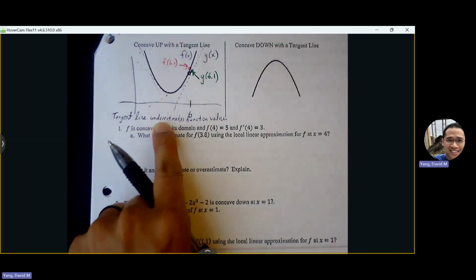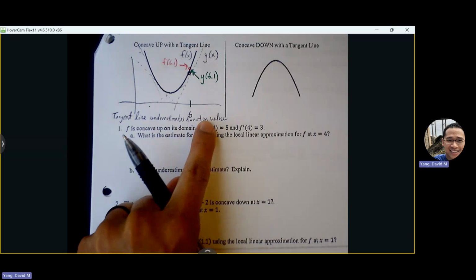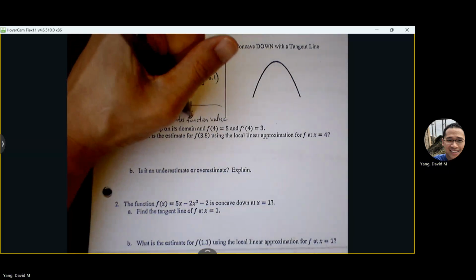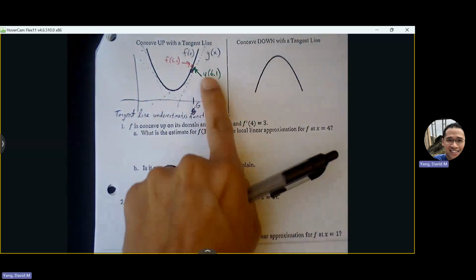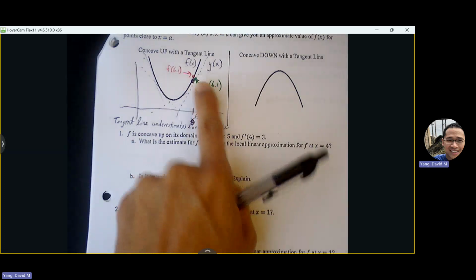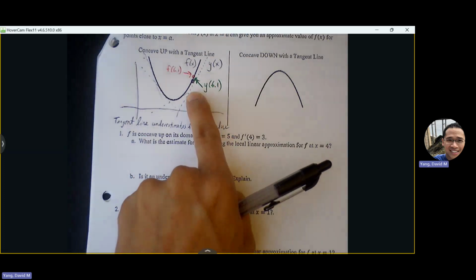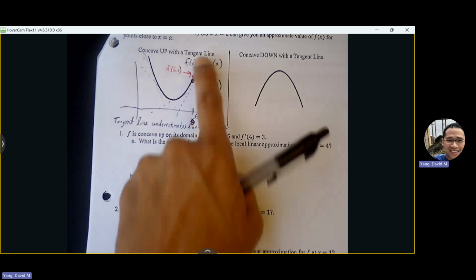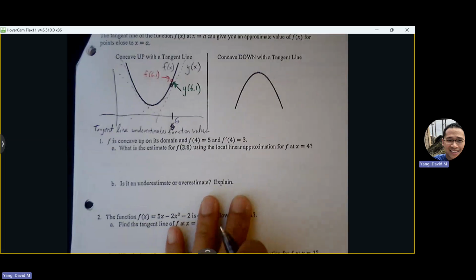Tangent line underestimates the function value. So that means y of 6.1 is going to be lower than f of 6.1. Right? y of 5.8 is going to be lower than f of 5.8 because of the way that the shape of the graph is curved.